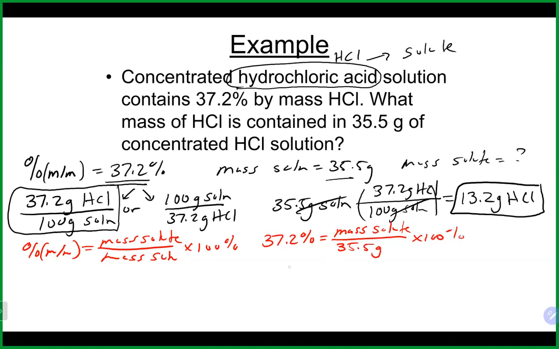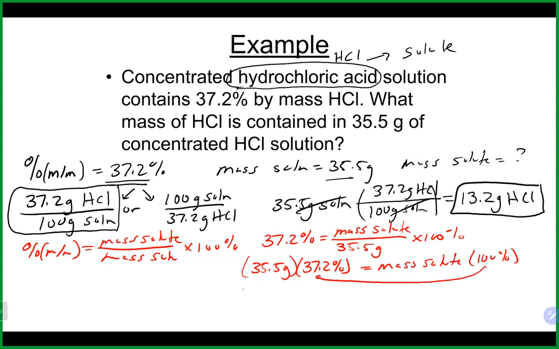You would multiply the 35.5 to the other side and times it by 37.2%. That would equal your mass of solute times 100%. You then would divide this to the other side, and you would end up with 35.5 grams times 37.2% divided by 100% equals the mass of the solute in this case.